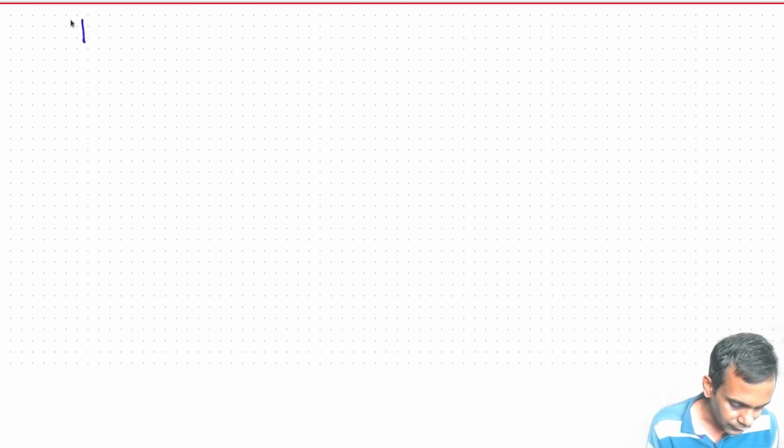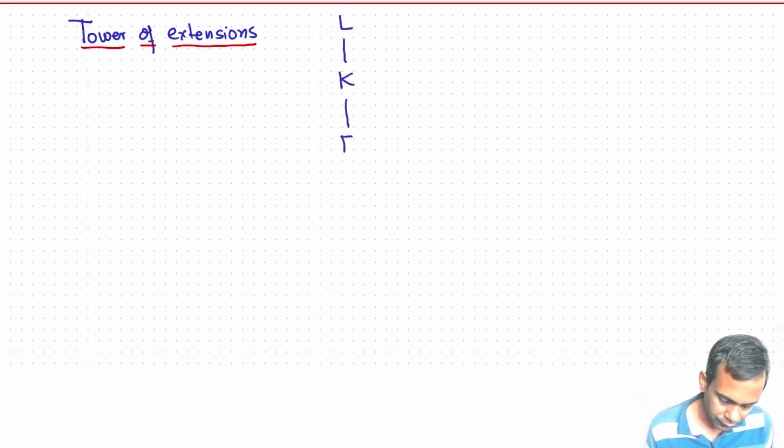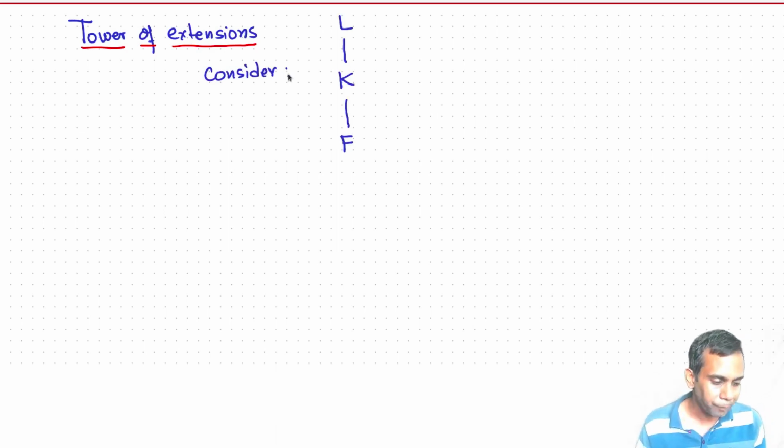Now we'll talk about the degree of a tower of extensions. This is a very important result. So by a tower here, not a very tall tower in this case, of extensions, I mean three fields L containing K containing F. So you consider such a tower of three fields.